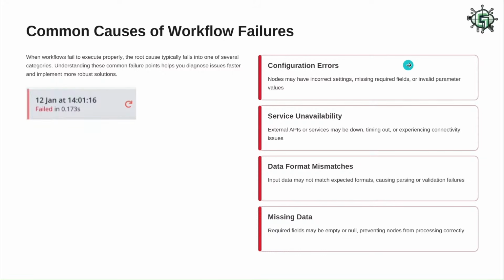Next is service unavailability. Some APIs or external systems just aren't responding. Some APIs may be down, or some protocols may not be working, or some servers may be down. There are many examples.